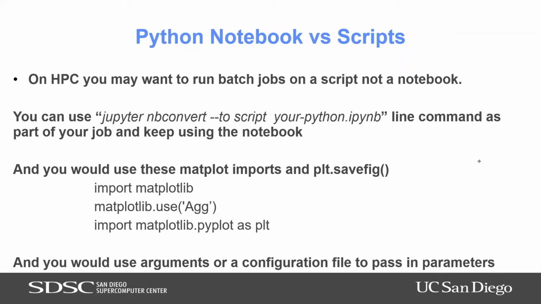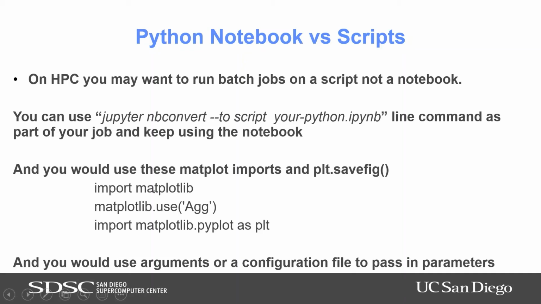And then you always have the option of going back and forth between running something in batch or running something interactively. So I find when you're developing, it's always best to develop in a notebook. As you get more and more finalized in your code version, then you mostly want to do batch. But if you're going back and forth, you can run this convert step.